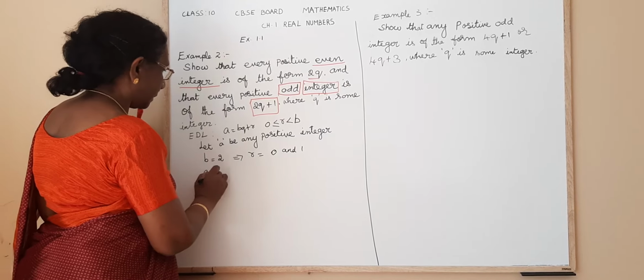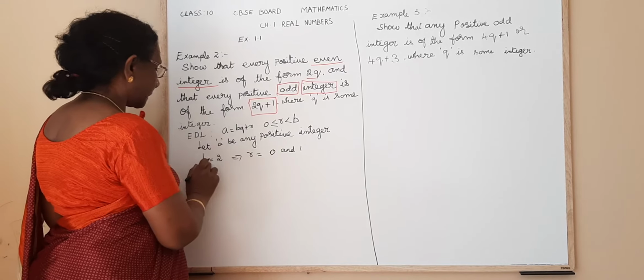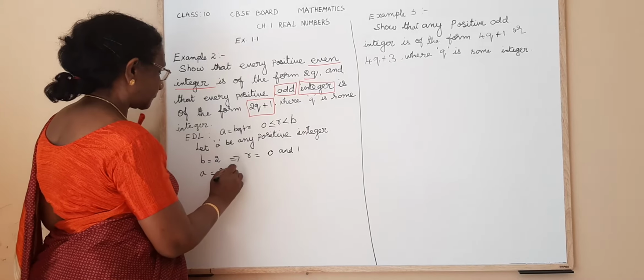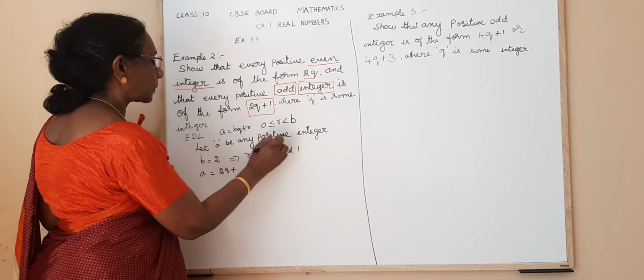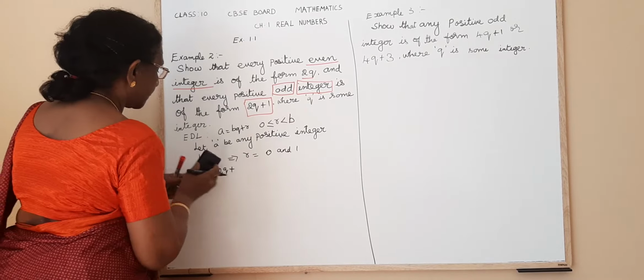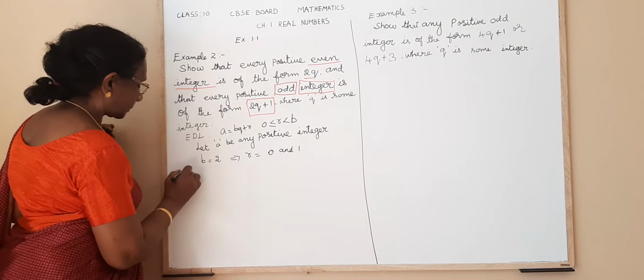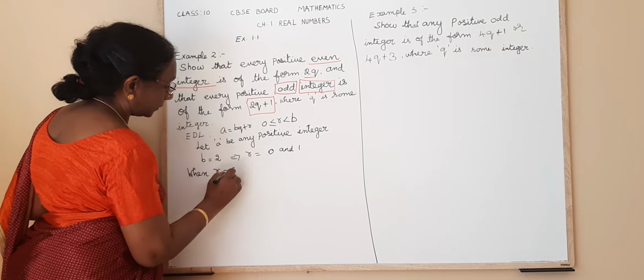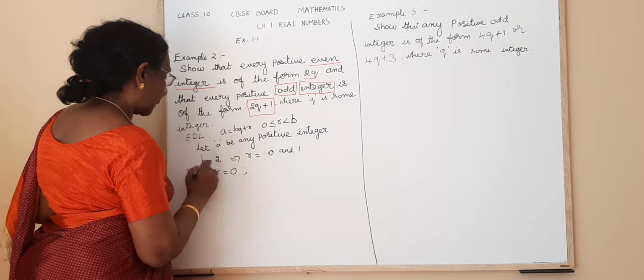A is equal to, B we have selected as 2, 2Q plus R. So let us write for R equal to 0, the first case. When R is equal to 0, what will A be?